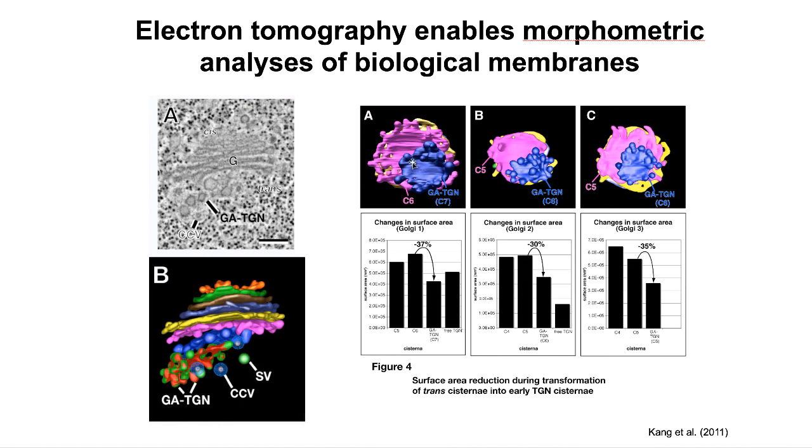So we can calculate surface area very accurately from this 3D model. So by adopting electron tomography, we can make quantitative predictions or comparisons of high resolution structure in the cell.